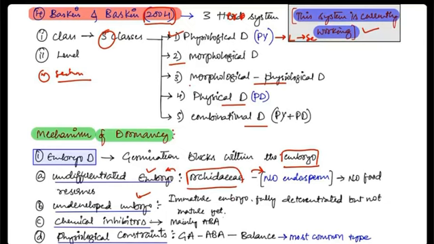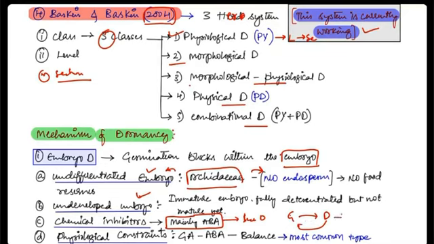And the third one is chemical inhibitors, in which the main chemical inhibitor is ABA, abscisic acid. This has a major role to play in seed dormancy, in switching between the germination state and the dormant state, and from dormant back to the viable state.